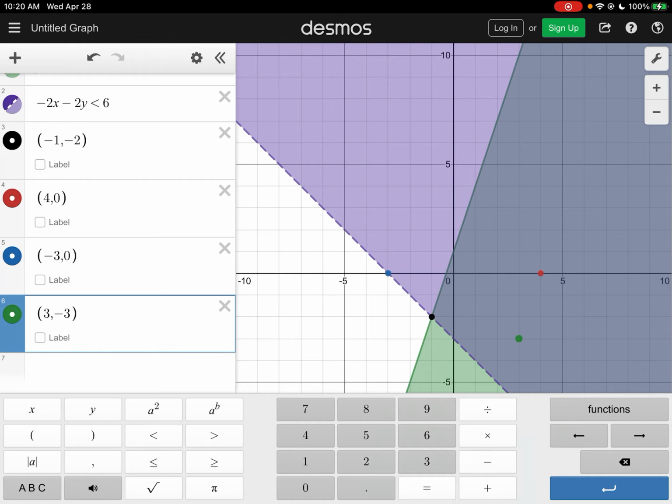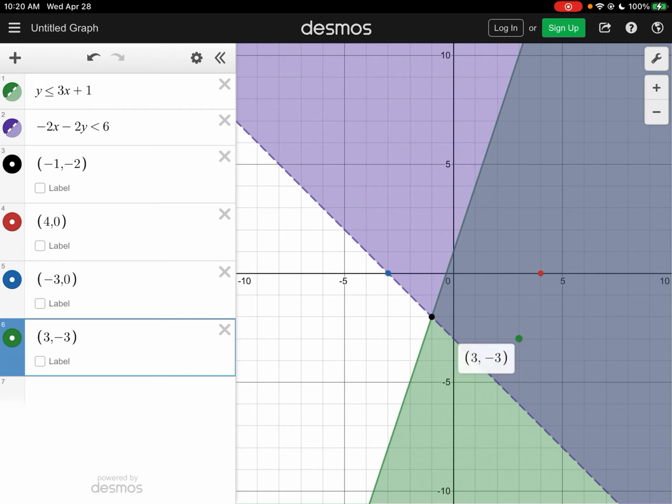Okay, it happens to be green. It's right here. Is it within your overlapping shading? Yes. It looks grayish to me. It's in the grayish overlap shading, so that's considered a solution. Any point in this gray area would work as a solution for my inequalities.